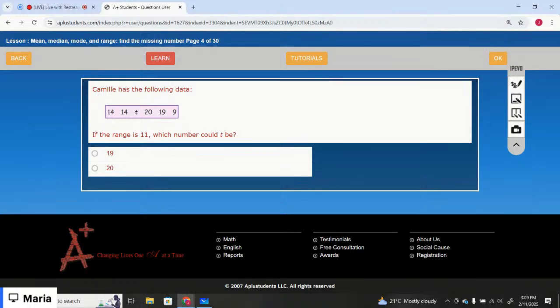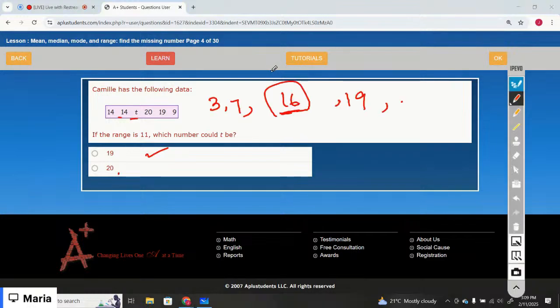Camille has the following data. If the range is 11, what number could T be? Range is the difference between the greatest and the smallest number.